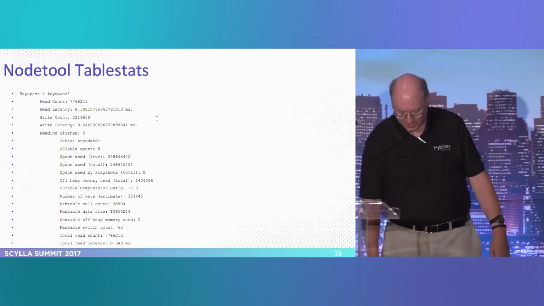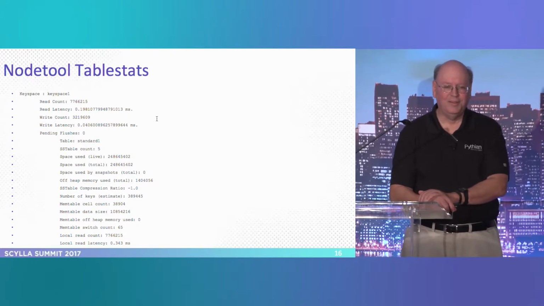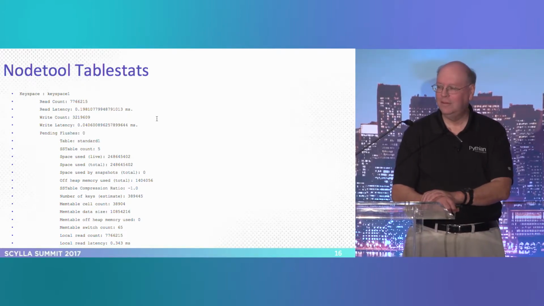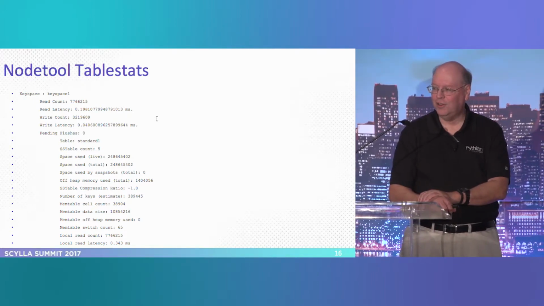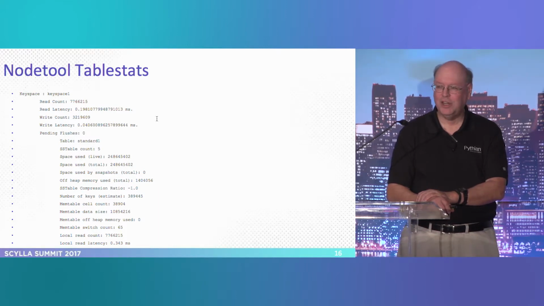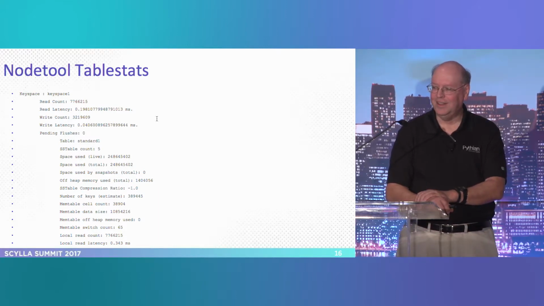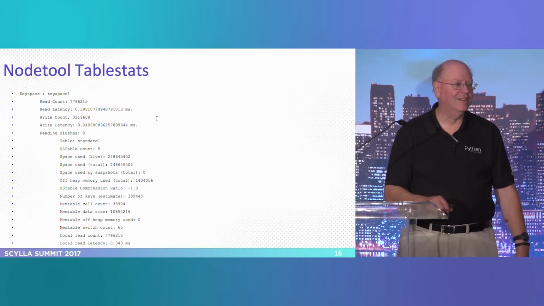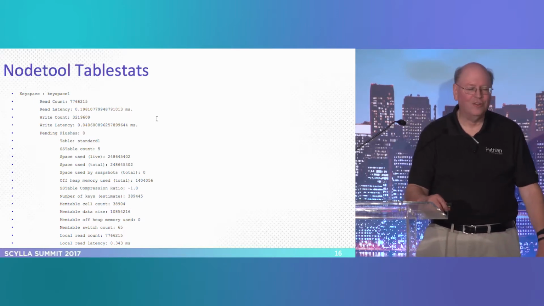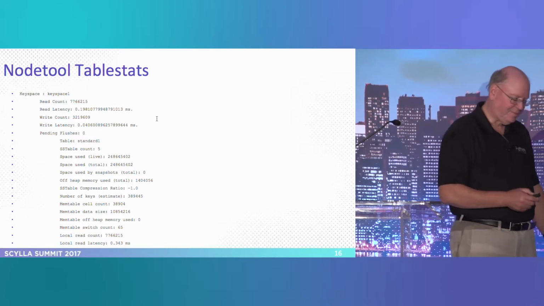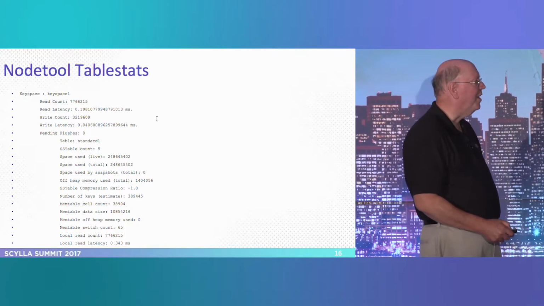I don't know how many customers I've worked with, they do snapshots and they lose track of them, especially if they're using auto snapshot. They delete a table and recreate it, and they're like, why didn't my space go away? Why am I still consuming that space? Well, you had auto snapshot turned on. So you want to keep track of that.